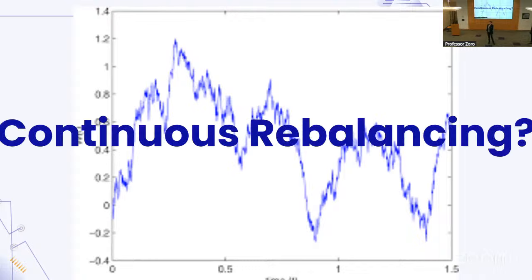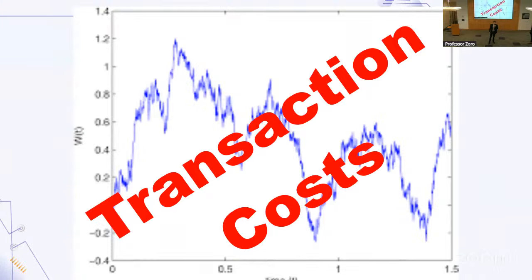Well, there's a problem. No matter what Robinhood tells you, buying stocks ain't free. Your transaction costs are going to kill you if you do this. So we have 2 forces at play here. We have the negative force of rebalancing costs and the positive profitable force of rebalancing and capturing volatility, capturing gamma. So how do we balance these 2 forces?